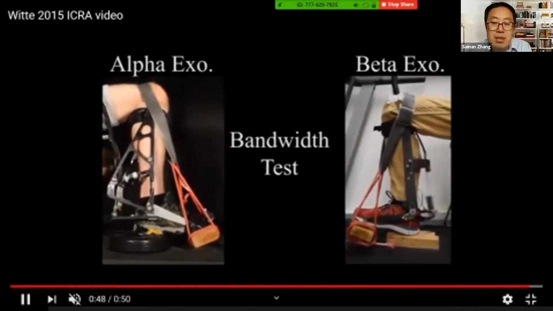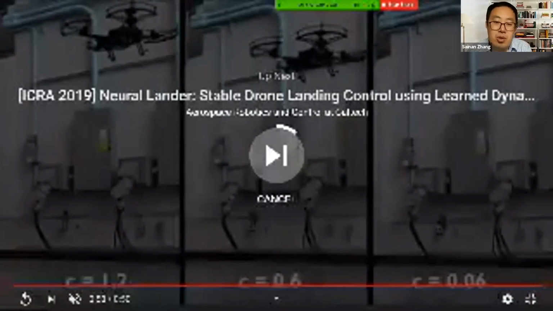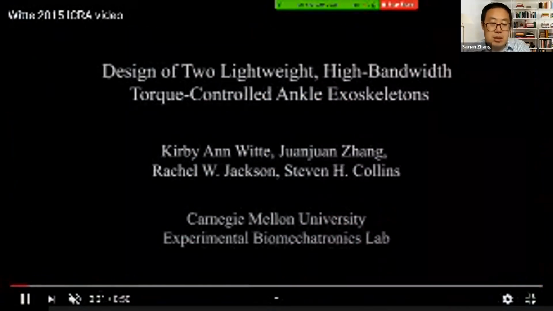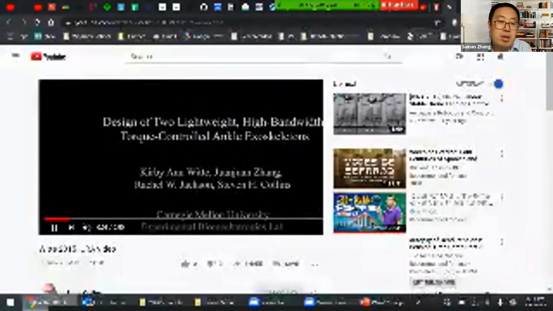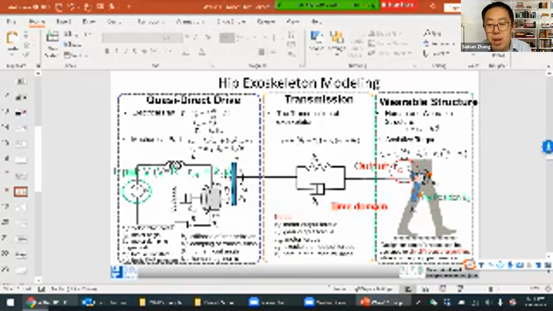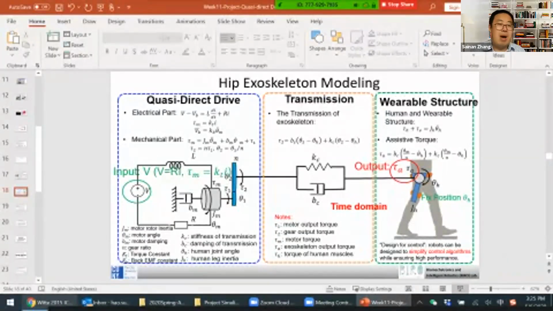But the key message here is that we fix the human motion, and we don't want the human motion to affect the robot performance, right? Because when we talk about the bandwidth, we are talking about the robot bandwidth, and we want to isolate human interference. So that's why we treat human movement as zero. Does that make sense?